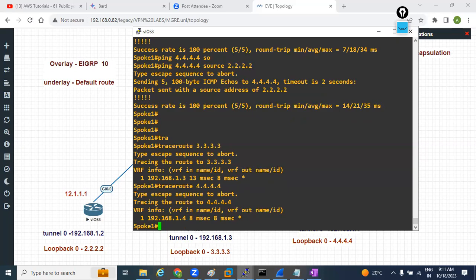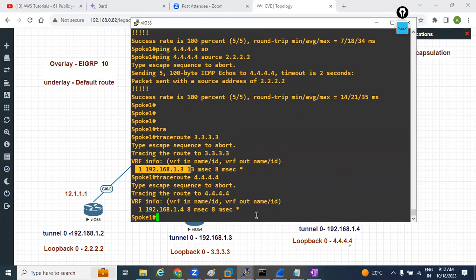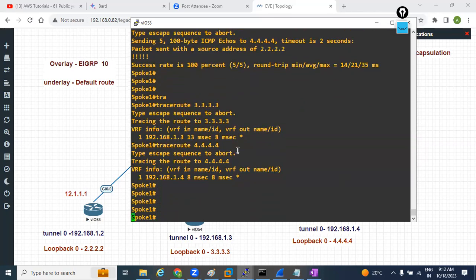So again, you can see here for 3.3, directly 1.3, because this is 3.3 and this is 1.3. And now for the 4.4, this is 1.3. Clear?